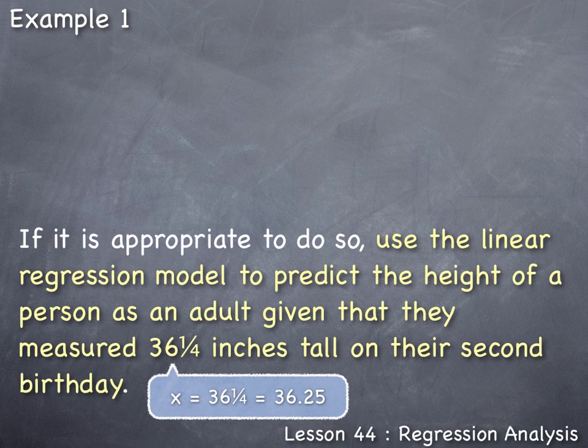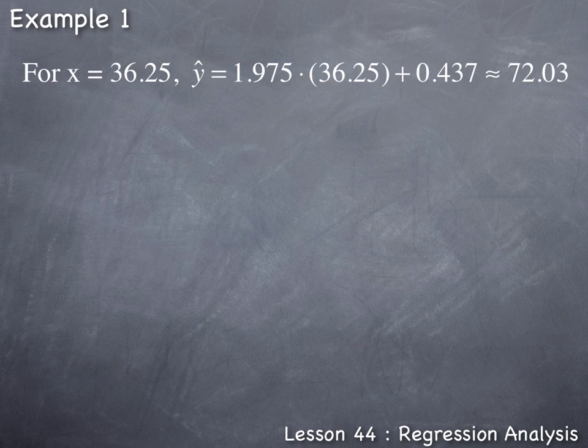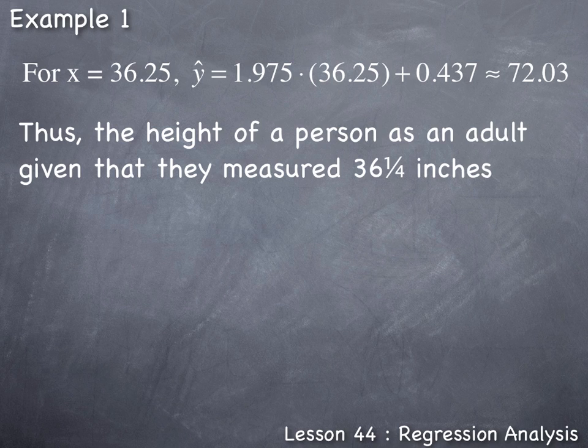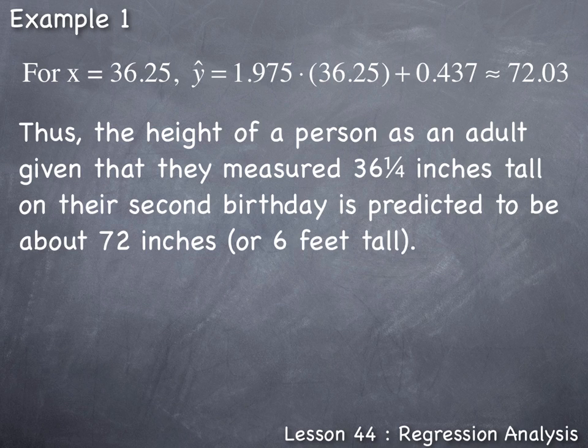Plugging this x value of 36¼ or 36.25 into the linear regression model, we get y hat equals 1.975 times 36.25 plus 0.437, which roughly equals 72.03. So, thus, the height of a person as an adult, given that they measured 36¼ inches tall on their second birthday, is predicted to be about 72 inches, or 6 feet tall.